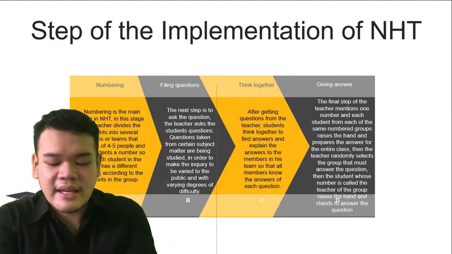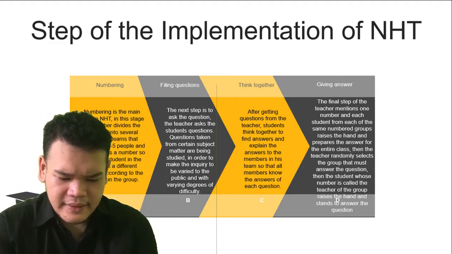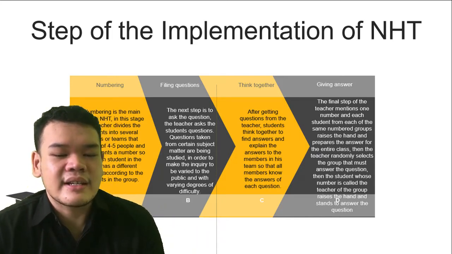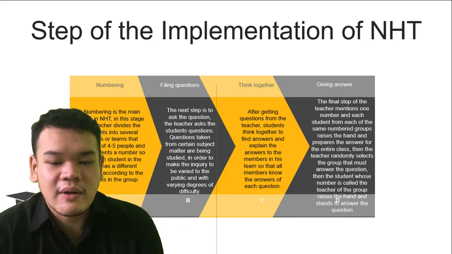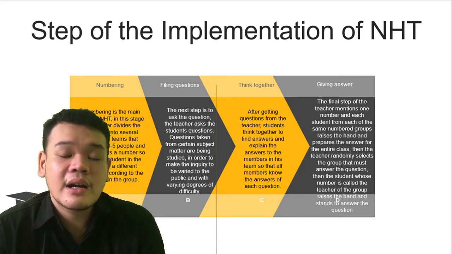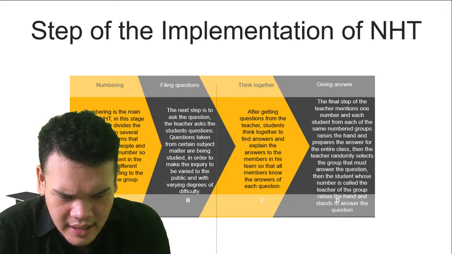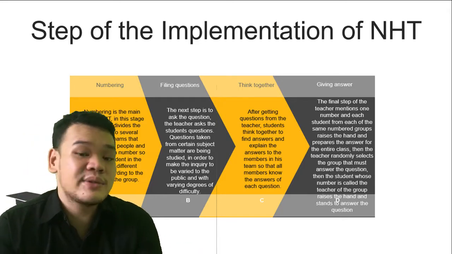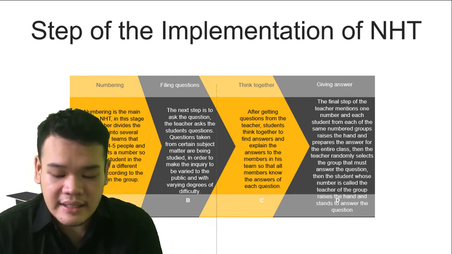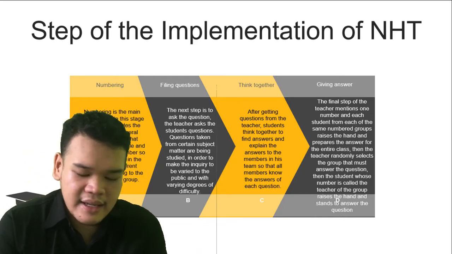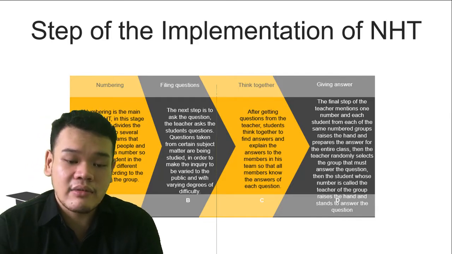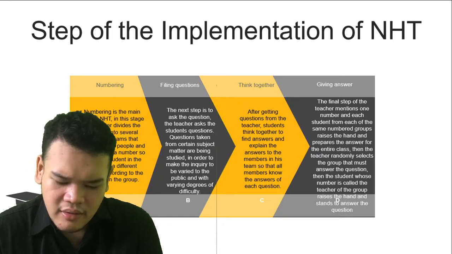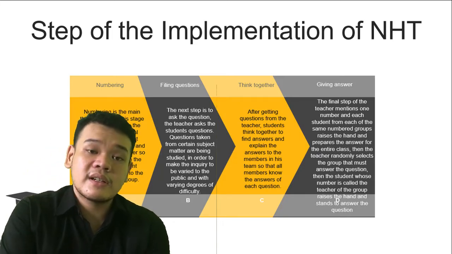And the last is giving answers. In the final step, the teacher mentions 1 number, and each student from each group with the same number raises their head and prepares the answer for the entire class. Then the teacher randomly selects the group that must answer the question.